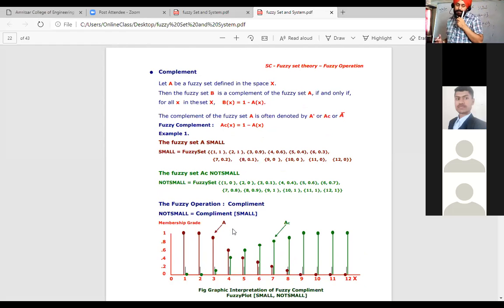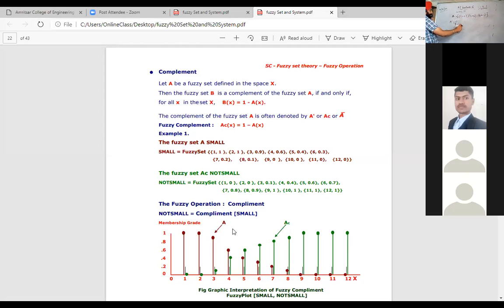Complement. How to take a complement? Very easy thing. You will get numericals on fuzzy sets. So here A is this, 0.3. What is A complement? The formula for complement is 1 minus A(x), where A(x) means the degree of membership.